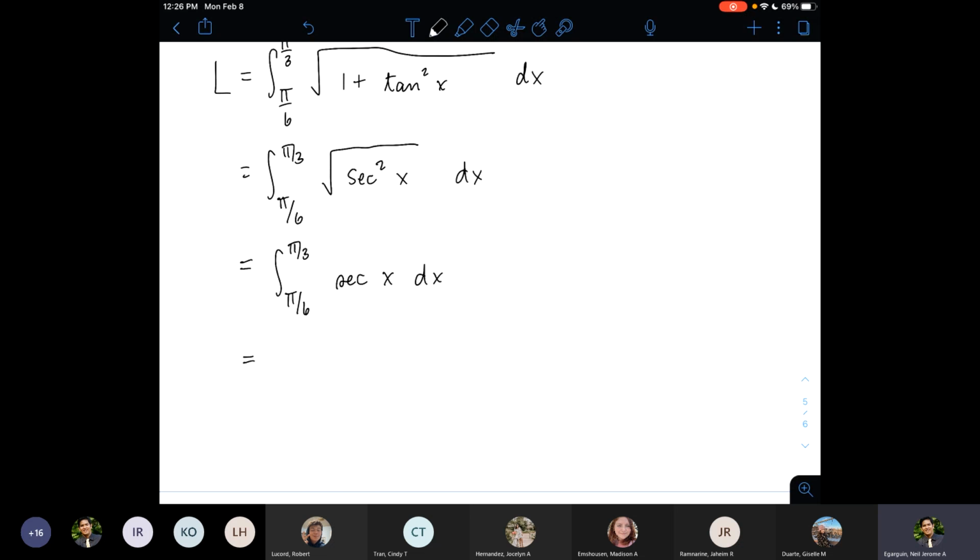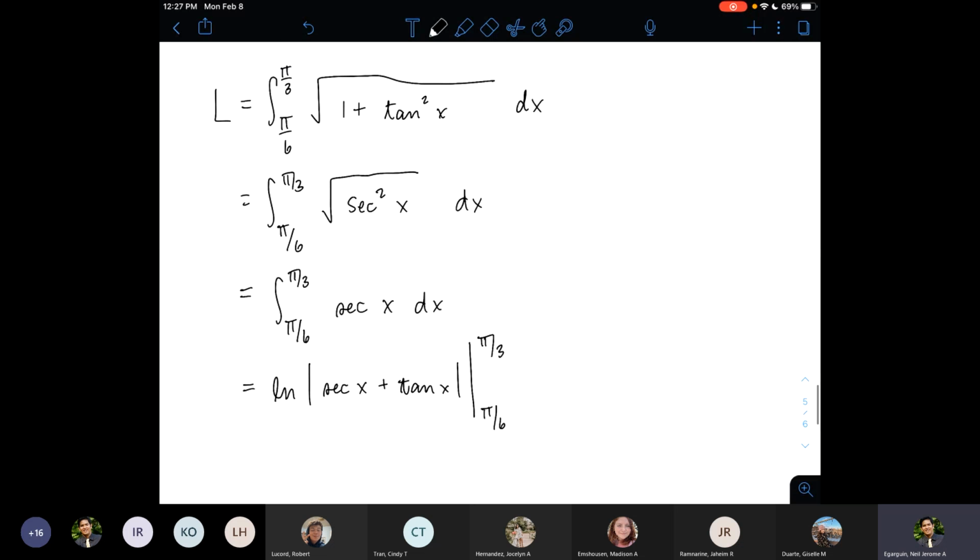The integral of secant x is the ln of the absolute value of secant x plus tangent x, and we need to evaluate it from pi over 6 to pi over 3. All good? This would be a good review of these things from calculus 1.